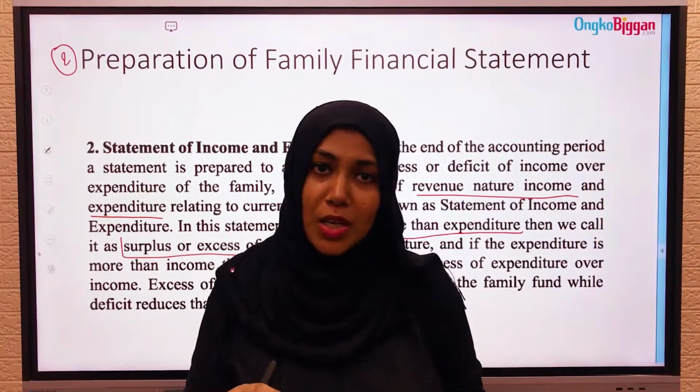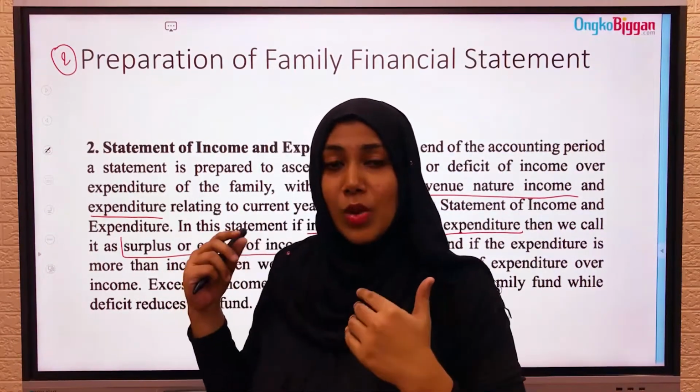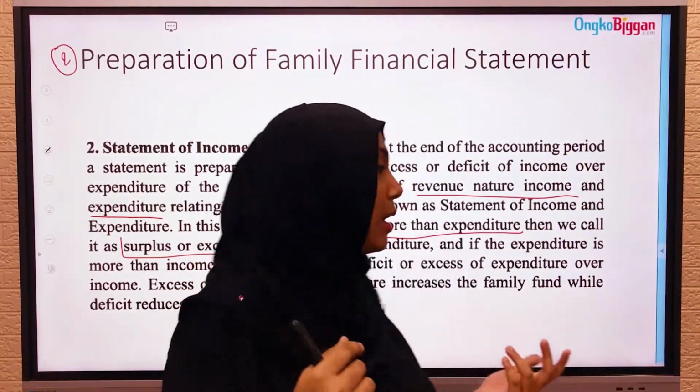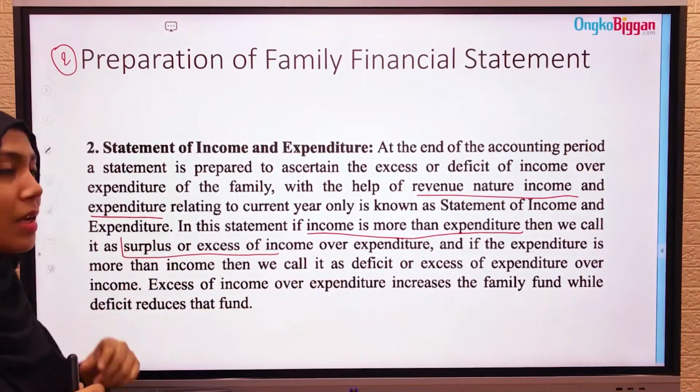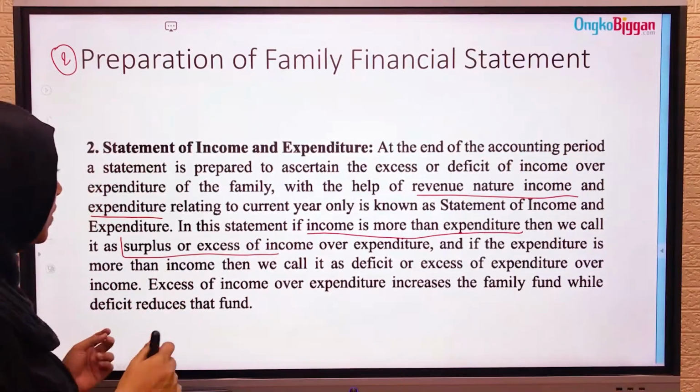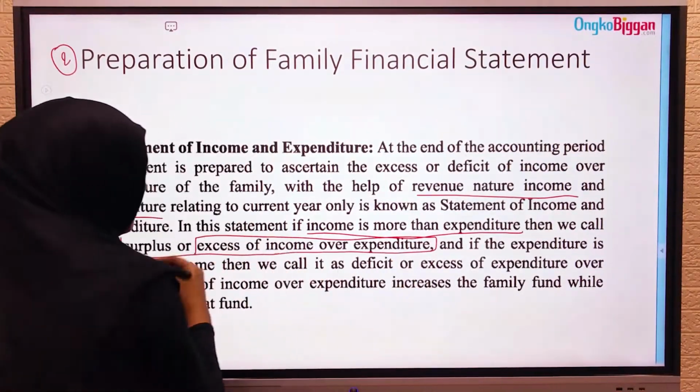If it were profit-oriented, then we could say net profit or gross profit. But as we are doing this for the family, if my income is more than the expenditure, the name is called surplus, or else we can write another name, excess of income over expenditure.